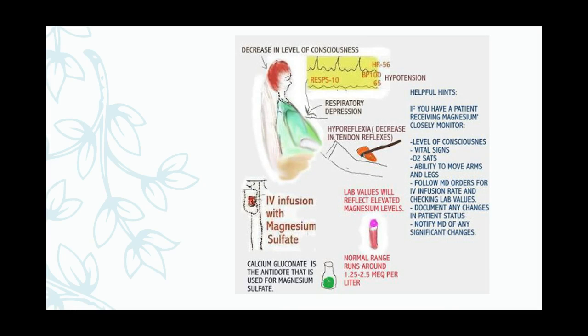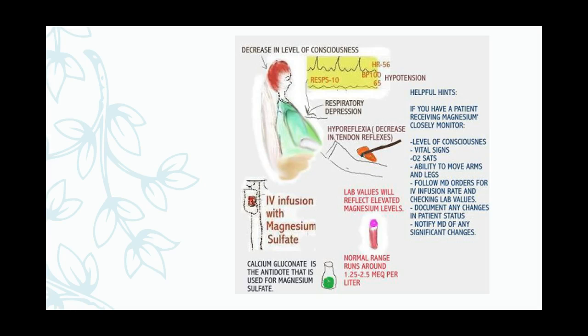All right, so here is another little picture that will show you the signs and symptoms for magnesium toxicity. So we have a decreased level of consciousness, respirations less than 12, hyporeflexia, so a decrease in tendon reflexes or absent tendon reflexes. And here are really some helpful hints.